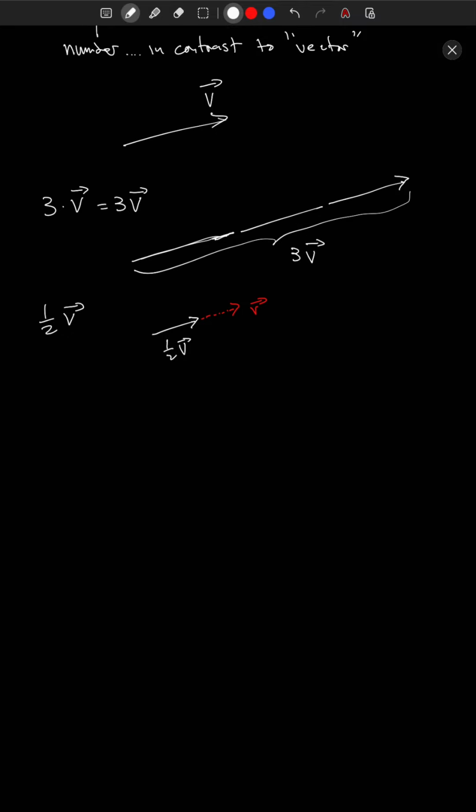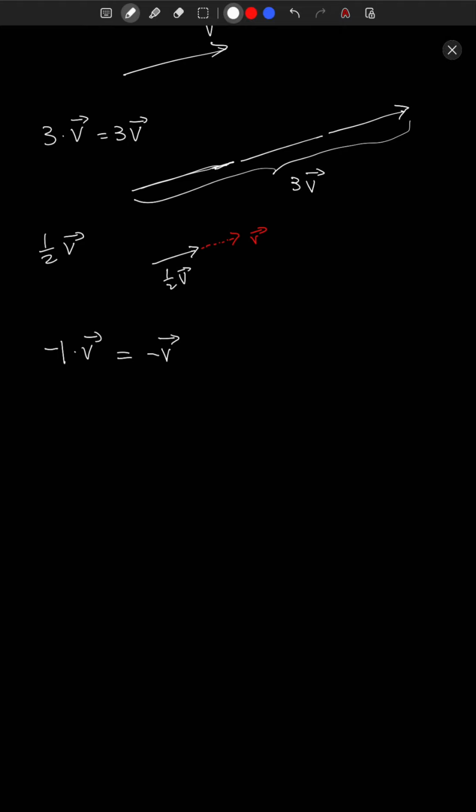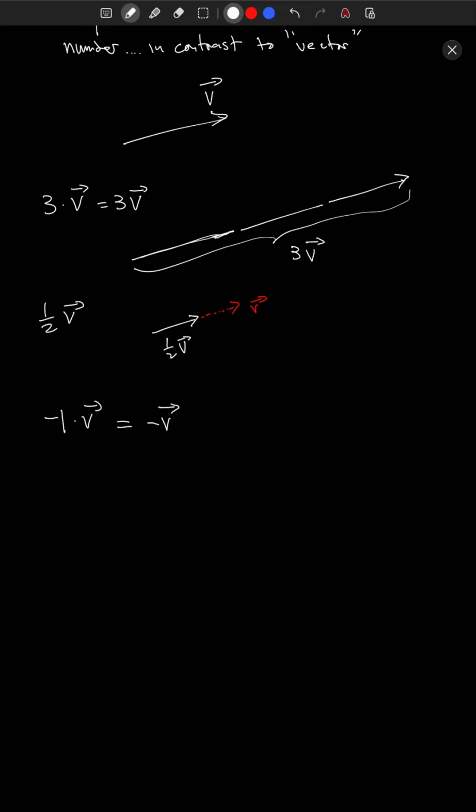The important thing is that only the magnitude changes for these two examples, but we can also do -1 times v, and that's typically written minus v. What does that do? It takes our v and keeps its length the same, but flips the direction to the opposite direction.